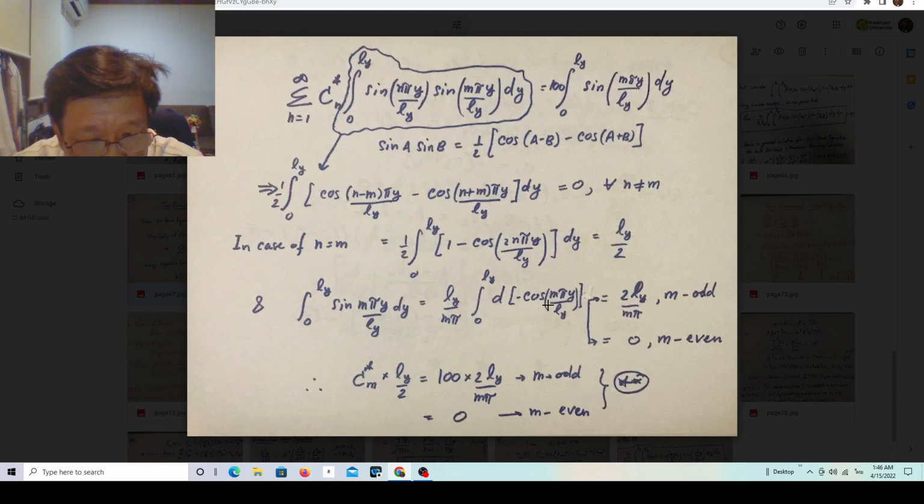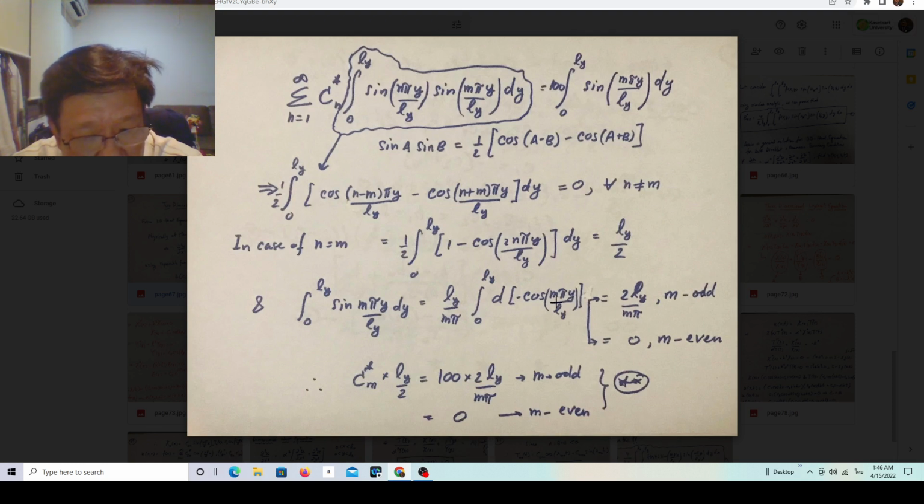When m is even, for 2, 4, and so on, you always get this when you apply it at 0 and L sub y. It doesn't matter what the minus sign means. When you substitute at L sub y, the terms cancel each other, and you get minus cos of m pi.